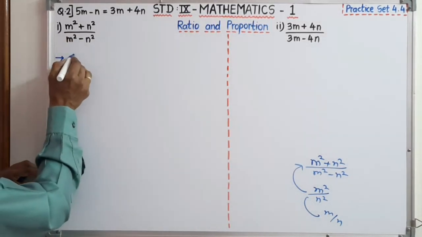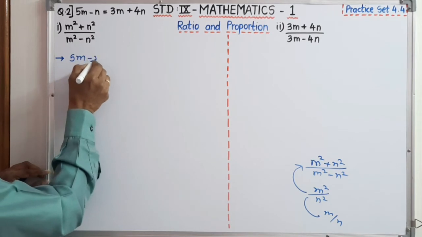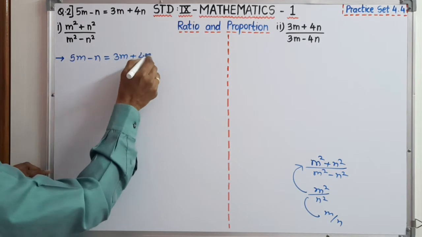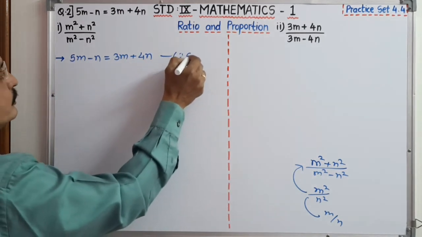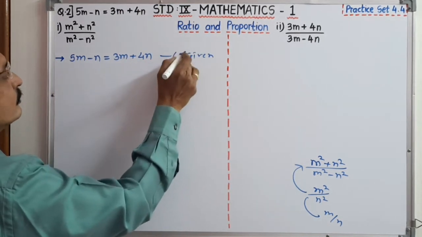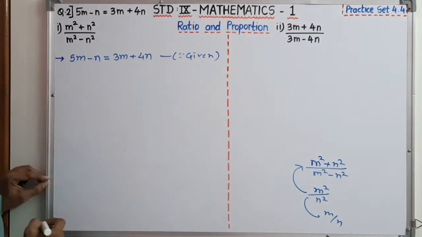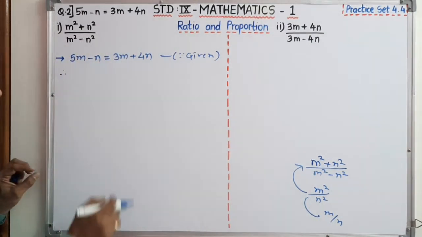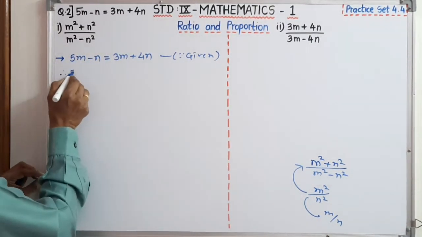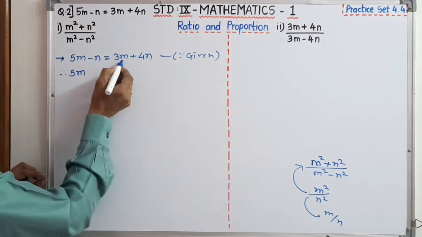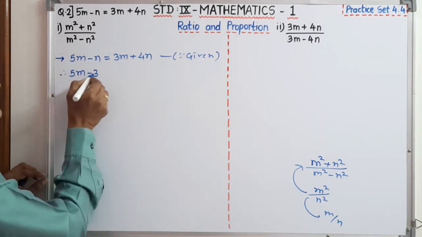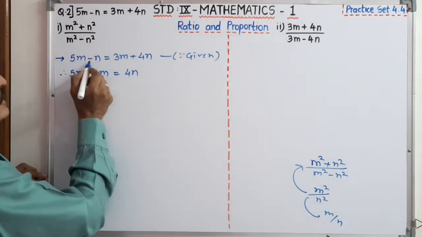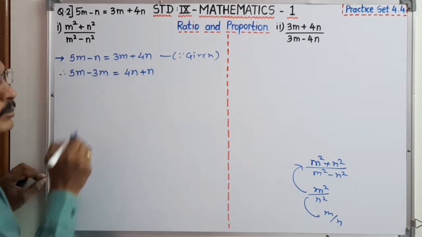Now see dear student, what is given? It is 5m minus n is equal to 3m plus 4n. This is given. Now see dear student, we required m upon n. For that purpose, similar terms we have to take together: 5m, this 3m comes on this side, it becomes minus 3m is equal to 4n, and this minus n goes on that side, it becomes plus n.